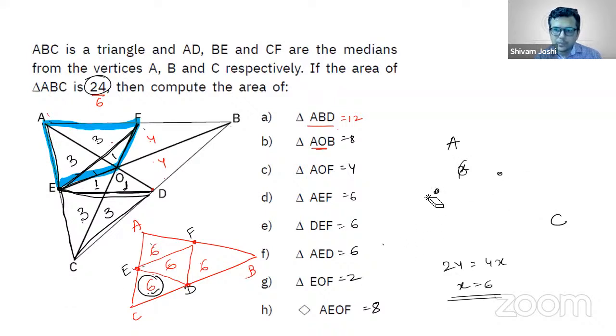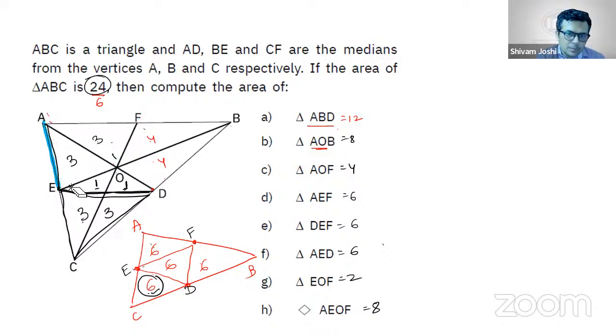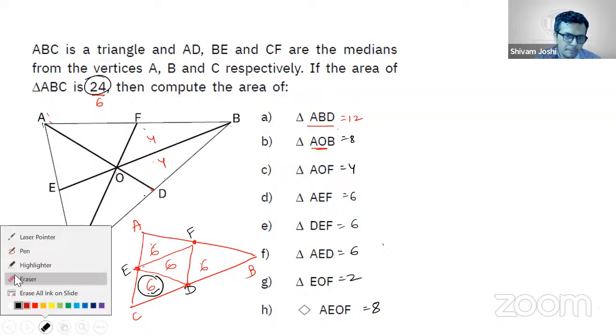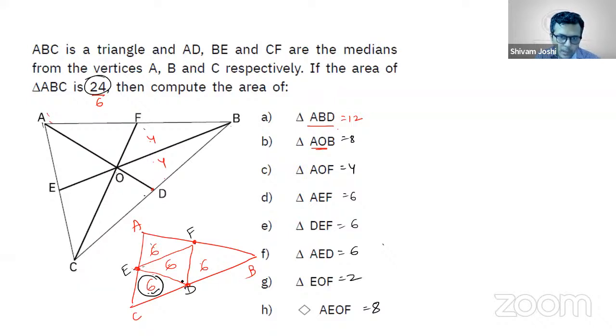After that, what we did over here is, see, we know that this is 4, 4, 4, 4, 4, and 4, correct? Currently, we know this. If I just erase this 4, and if I try to join this AD, how much is this ACD?